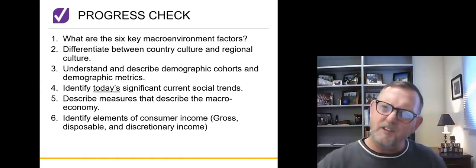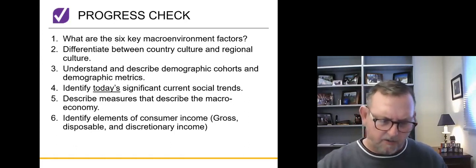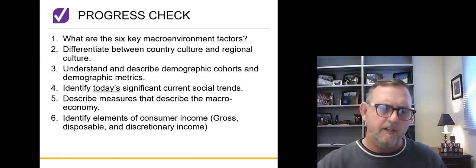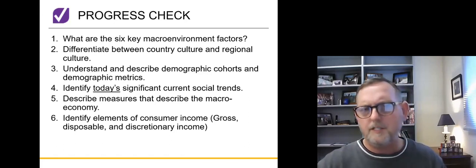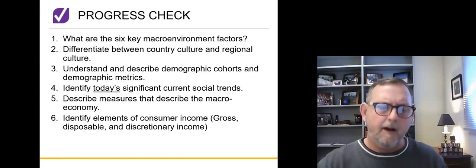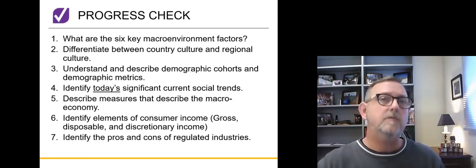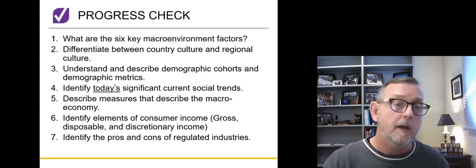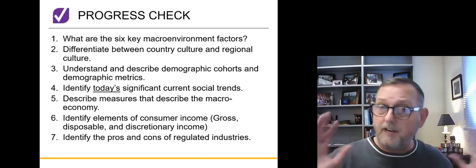We briefly talked about the economy, macro elements like recessions, growth, and inflation. Later, when we do international business, we'll talk about GDPs and things like that. We also covered incomes, like disposable, gross, and discretionary income from our consumers, and what those are.